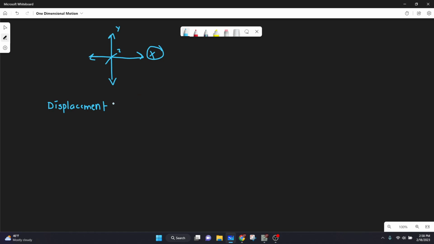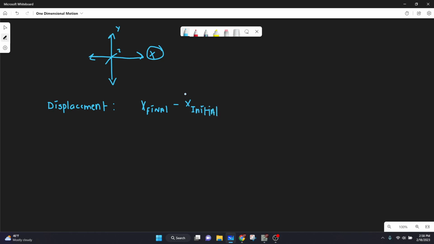And we can represent this with a mathematical definition such that the final x position minus the initial x position. And this is displacement.